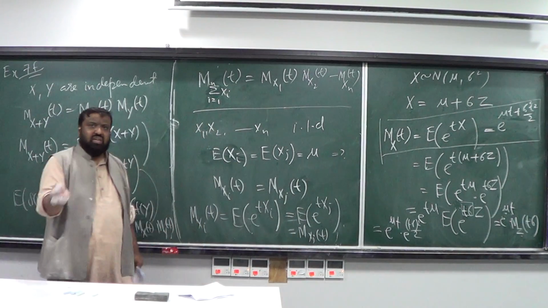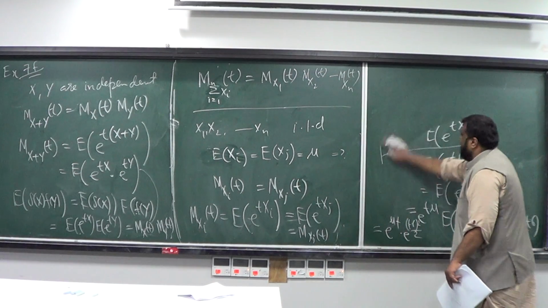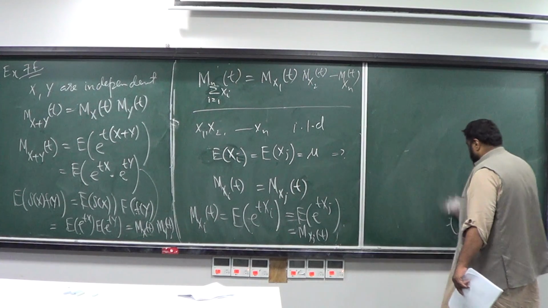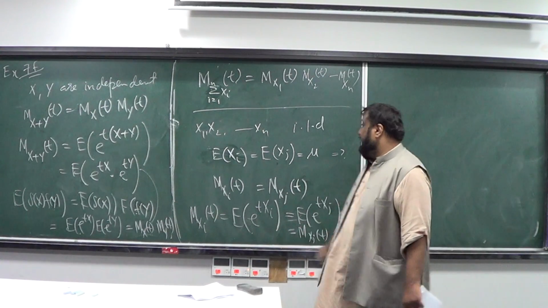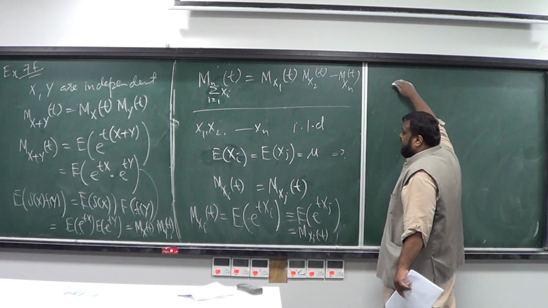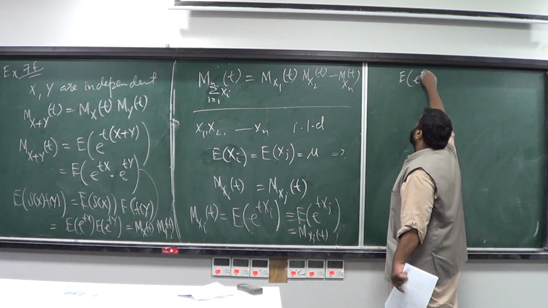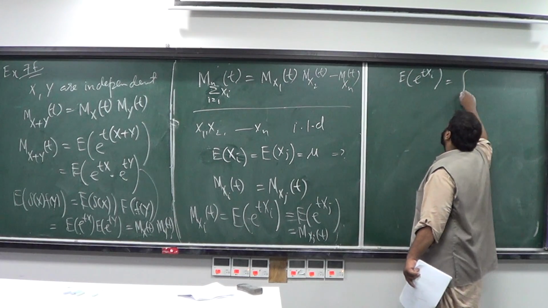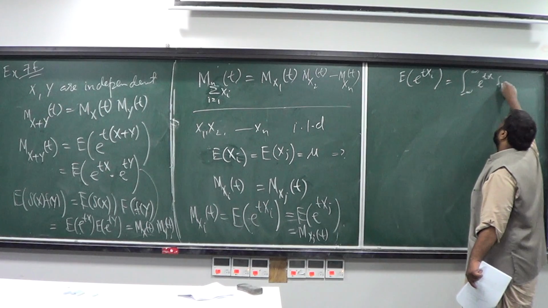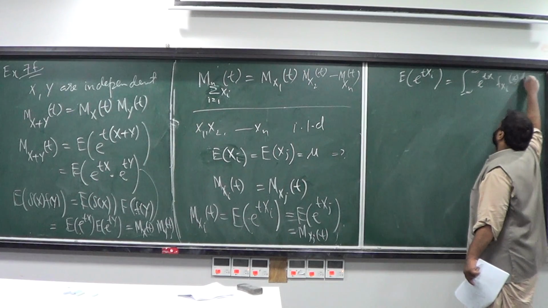Okay, if I wish, I can write it a bit more explicitly. The expectation of e to the t xi is going to be the integral, for example in the continuous case, of e to the tx times the PDF of xi of x dx.